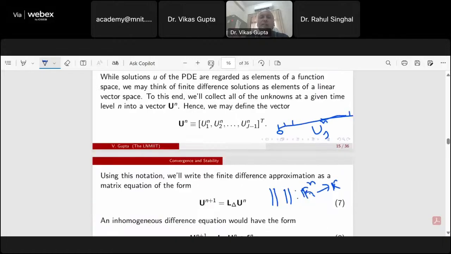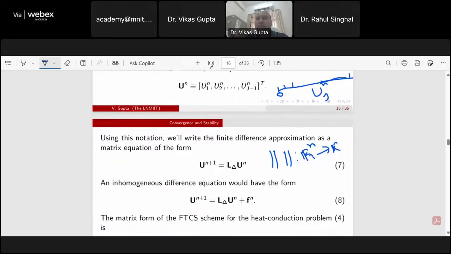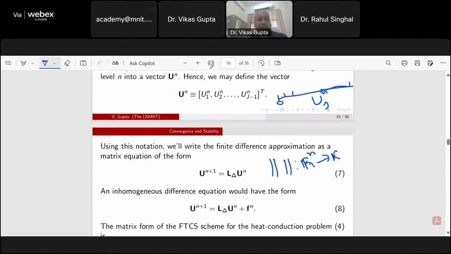All of you already studied these norms defined on linear vector space in inner product spaces in linear algebra, so we are just using that definition.